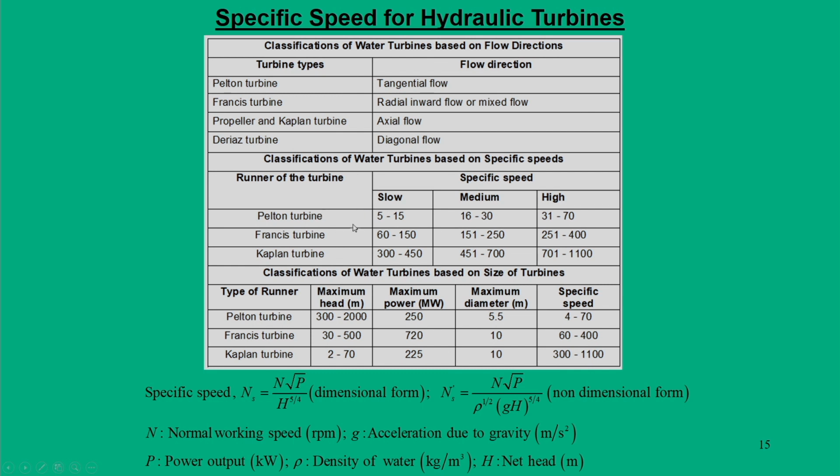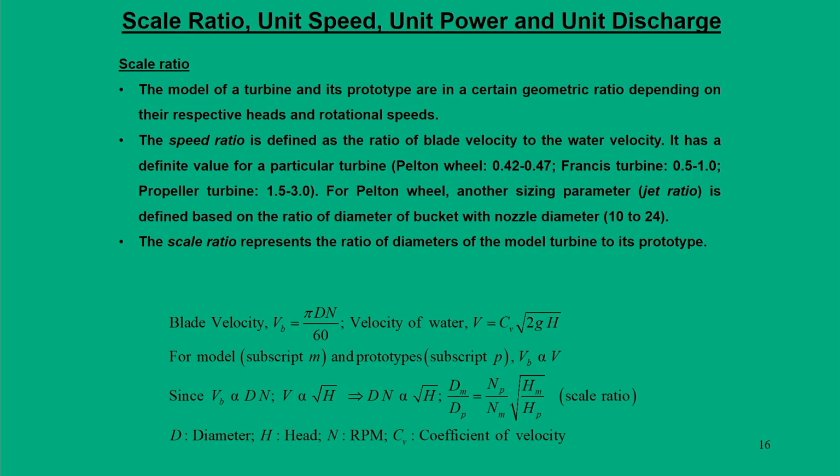Based on their specific natures they can be operated for maximum and minimum power, maximum diameters, and suitability of particular locations. Then another significant feature of considering model and prototype is the scale ratio.